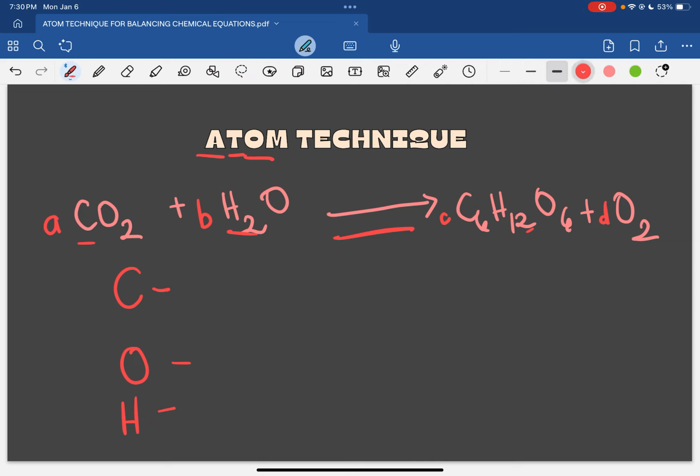So you could just match the equations now that we're able to solve.